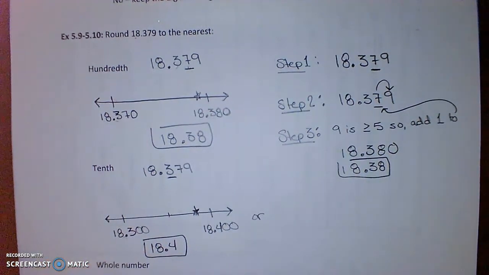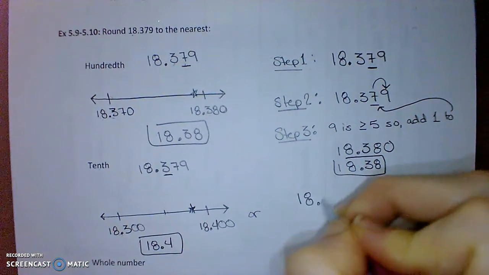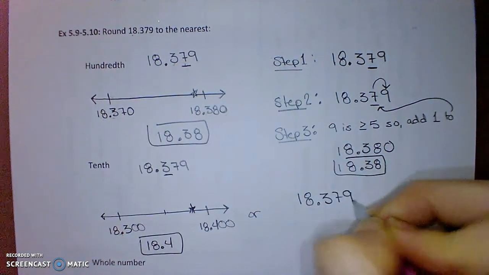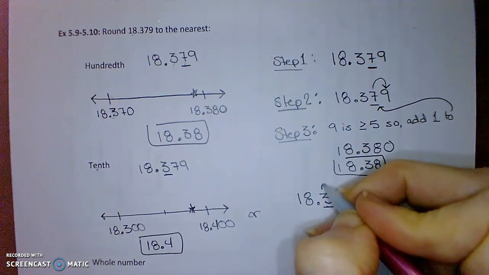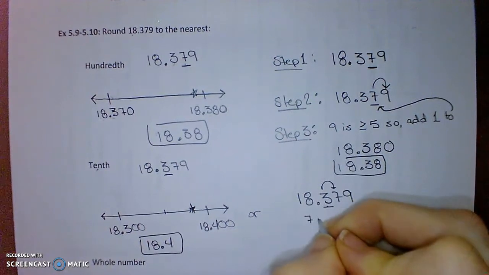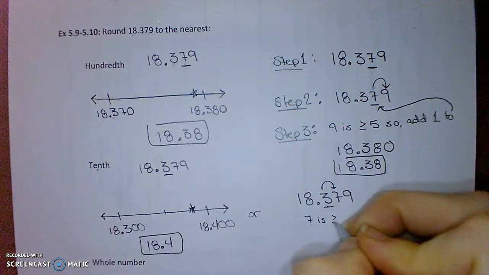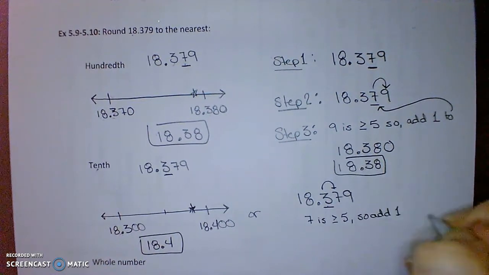Or we can follow these steps where we look at the number 18 and 379 thousandths, locate the tenths place, and consider the digit just to the right of it. So 7 is greater than or equal to 5. So add 1 to the tenths place.